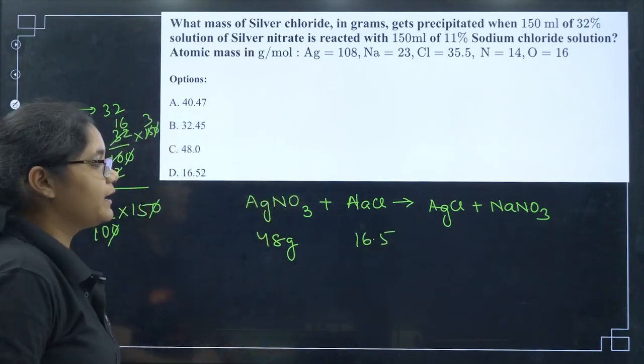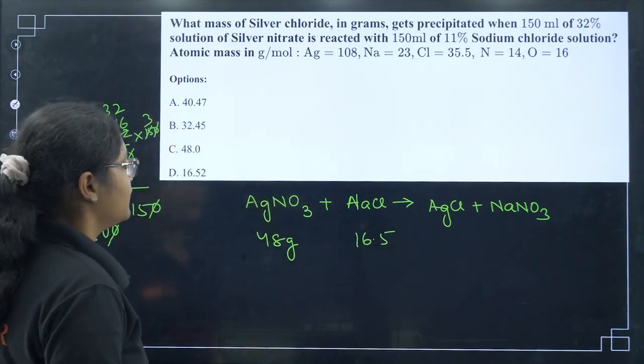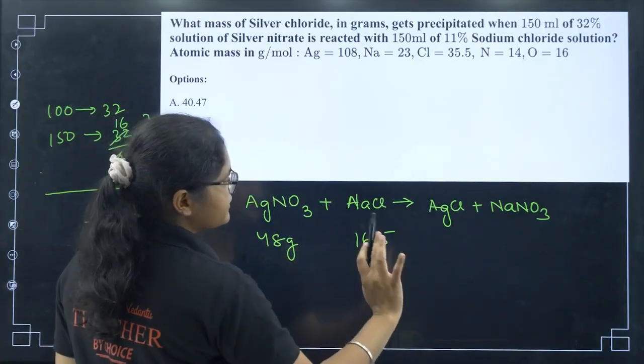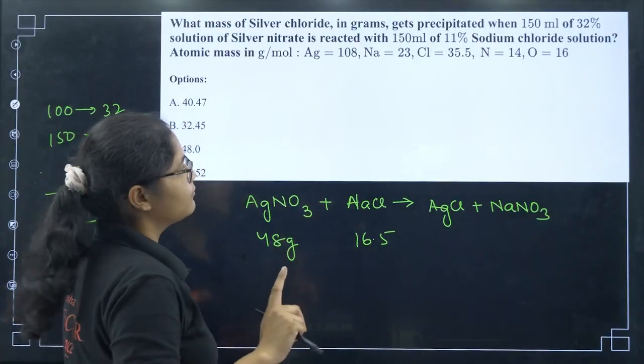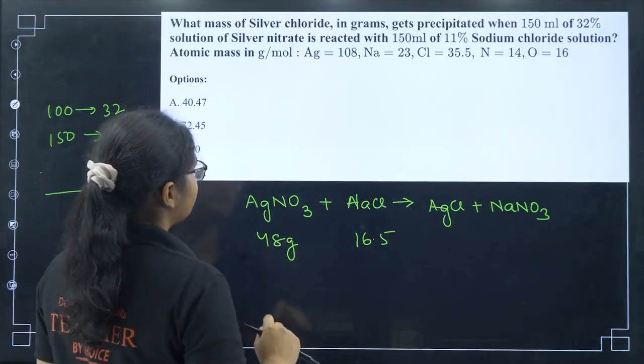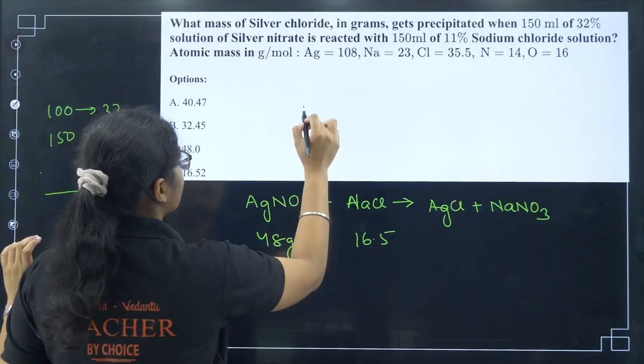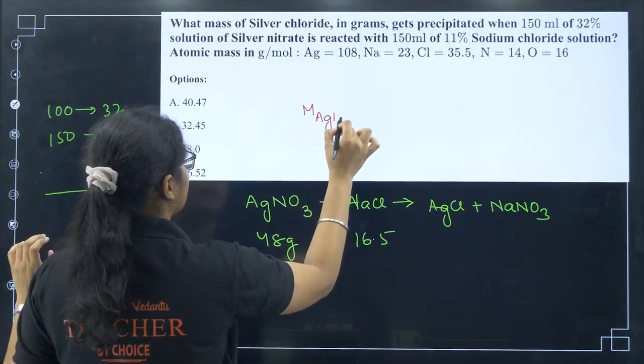Now what will happen? If you can see here, number of moles of AgNO3. The reaction is already balanced, so 1 mole is reacting with 1 mole. So what is the number of moles of AgNO3? 48 by the molar mass of AgNO3.